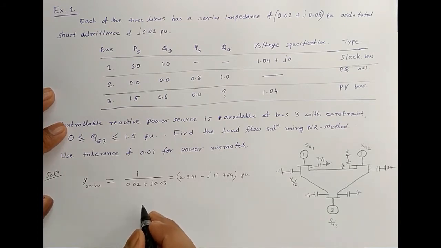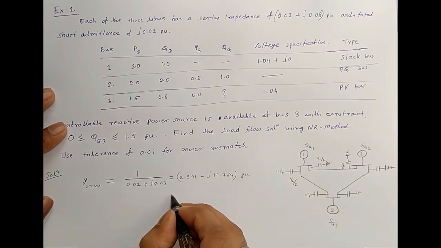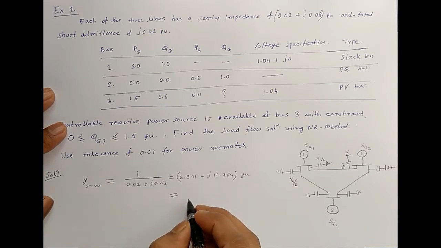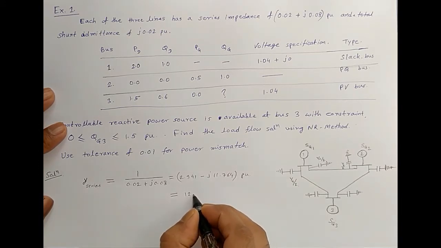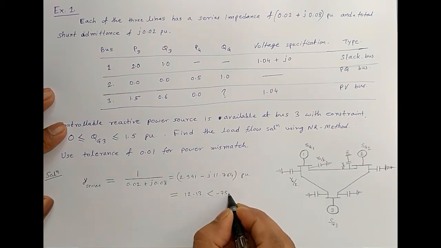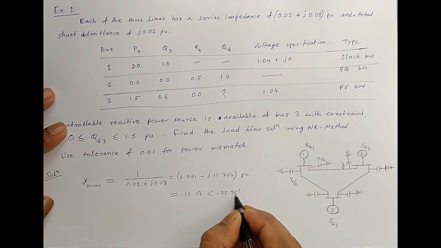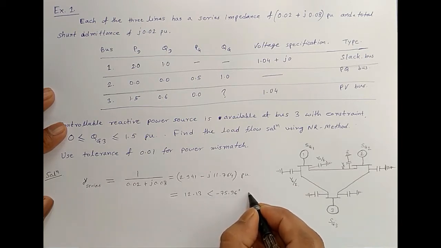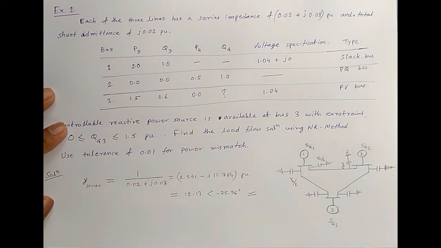If we convert this into polar form, it will be 12.13 angle minus 75.96 degrees. These calculations you have to do with the help of a calculator, otherwise it is very difficult to calculate all the steps manually. Use a scientific calculator for calculating this: 12.13 angle minus 75.96 degrees.